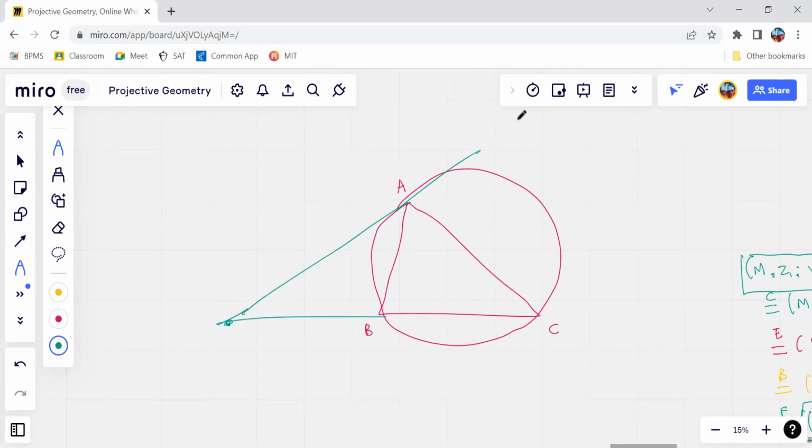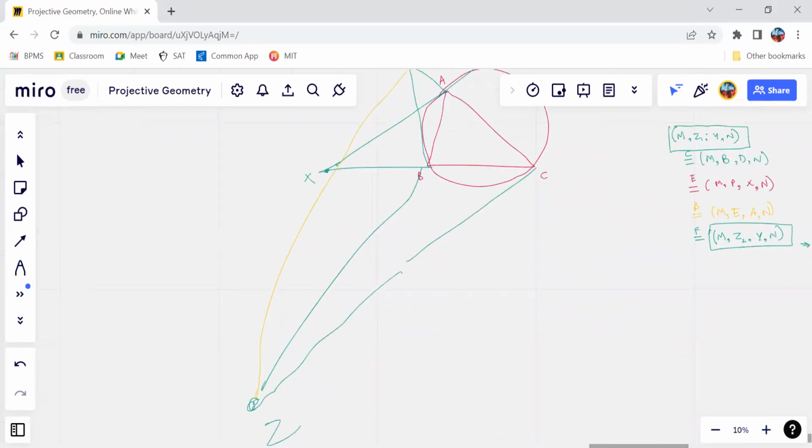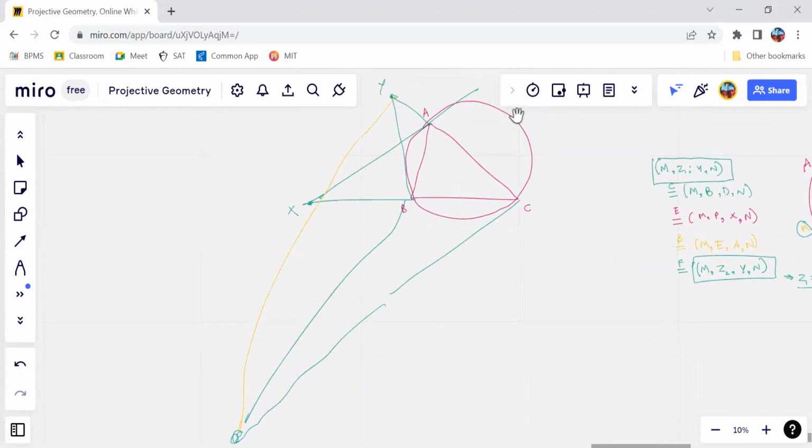Draw the A tangent and intersect it with BC at a point, say, X. Now draw the B tangent, intersect it at Y. Draw the C tangent and intersect at Z. Prove that X, Y, and Z are all collinear. Not the best diagram, but we'll have to do.